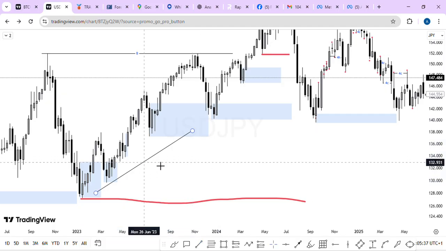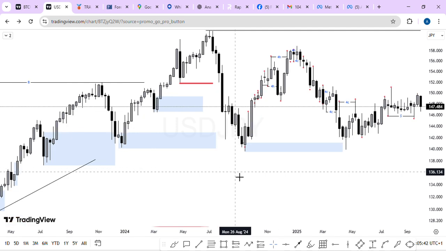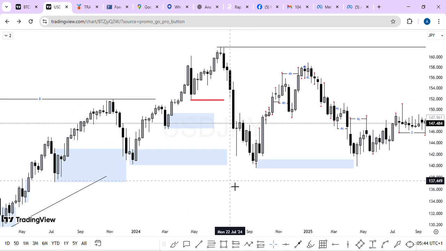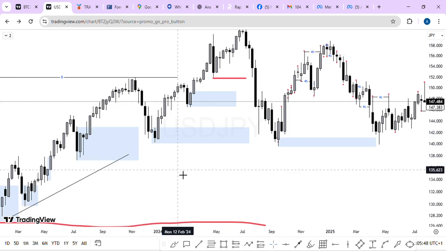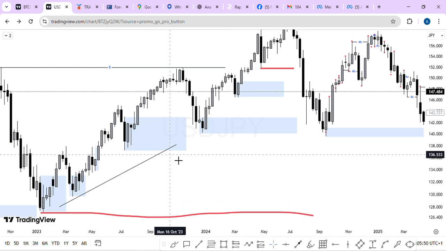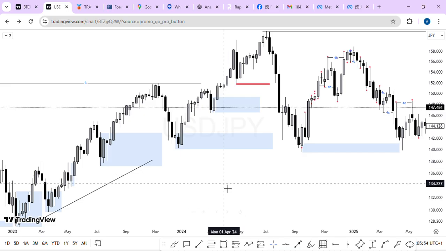Every other thing here has been mitigated. So we only have this and this. And remember, I said we only have two valid order blocks that have high potential of holding the market. So if you are still not clear about it, you can ask me a question or you can watch my previous video explaining this.